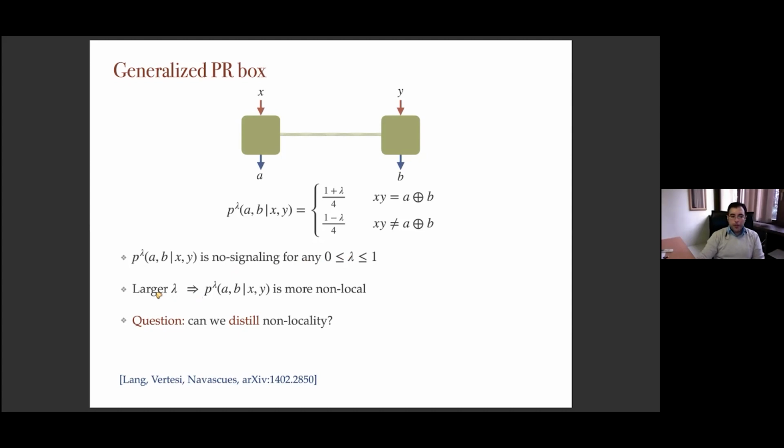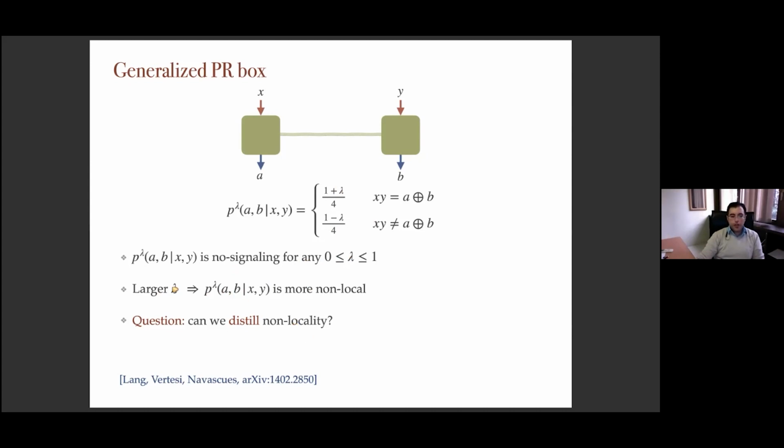And if you make lambda larger, you will get a more non-local correlation. For lambda equal to 1, we get the perfect PR box. It is highly correlated and saturates the CHSH inequality. Now, the question that I want to ask is the distillation problem.